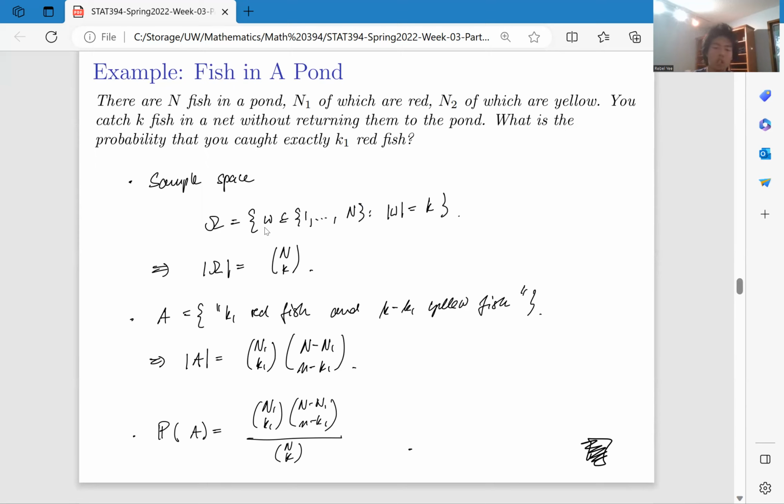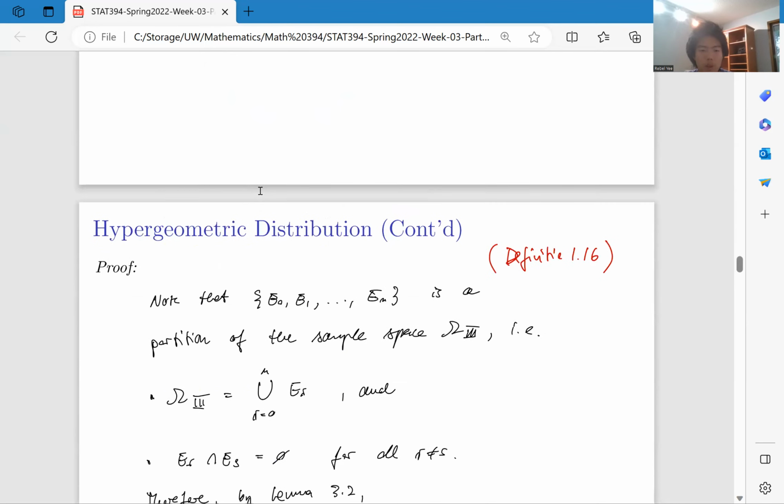So the sample space, as illustrated above, is a hypergeometric distribution.